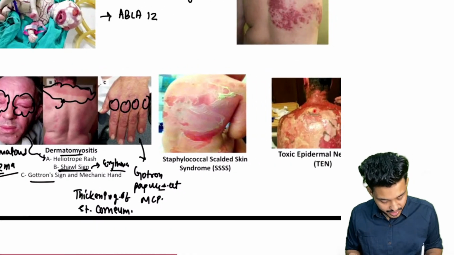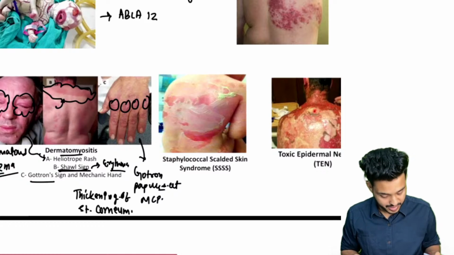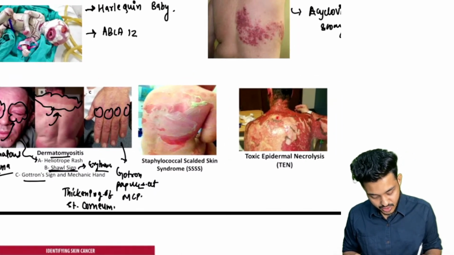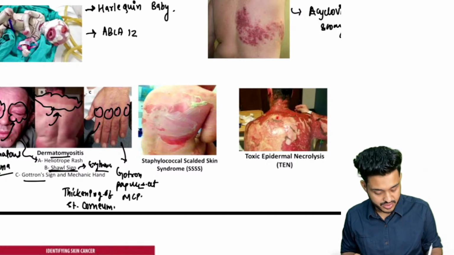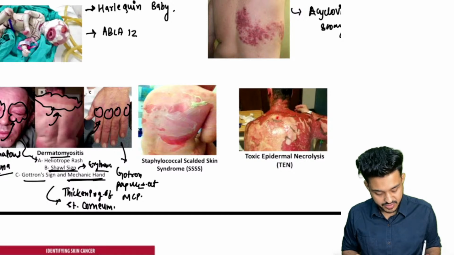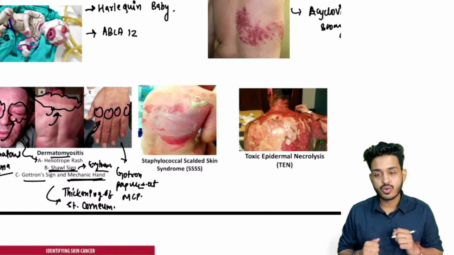So this is the triad for dermatomyositis, has been asked before in your examination. Very important, guys. This is shawl sign, this one is your heliotrope rash, and this one is your Gottron's papule. Mechanic hand is because of thickening of the stratum corneum.